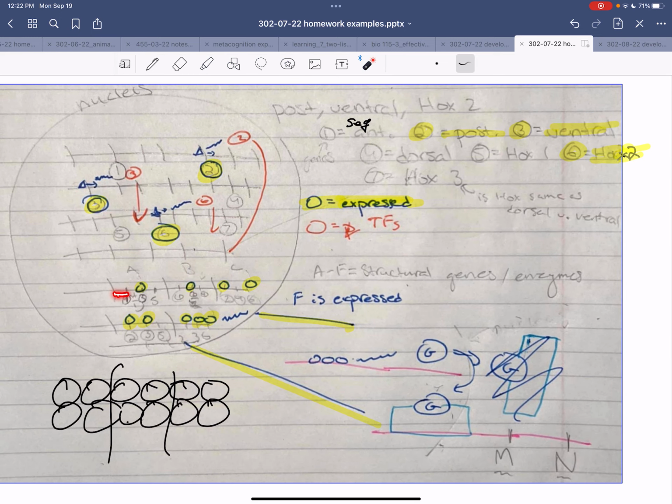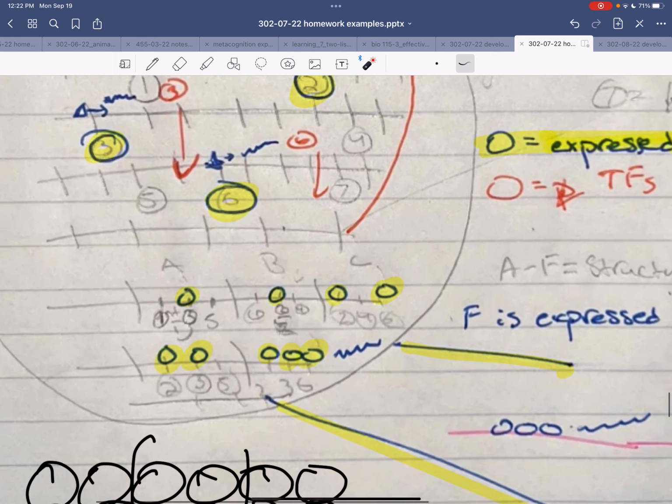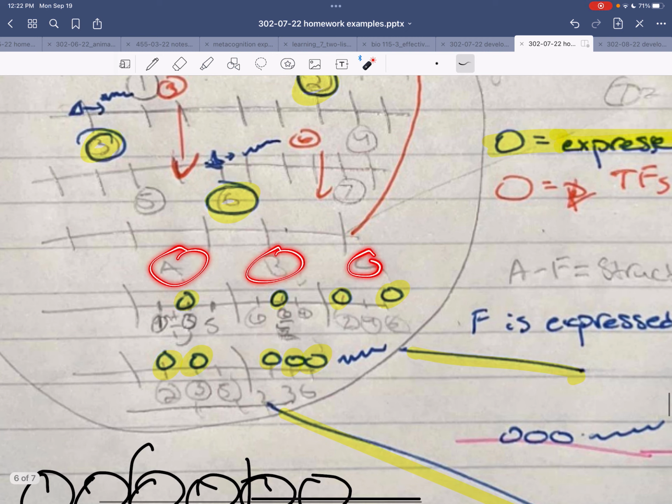Therefore, if there's a whole bunch of genes here, A, B, C, D, E, and so on, then some of them will get only one of the transcription factors that they need. And so they won't be expressed. So this cell, for example, this gene C needs 2, 4, and 6, but it only gets 2 and 4, the ones in blue that I highlighted in yellow.